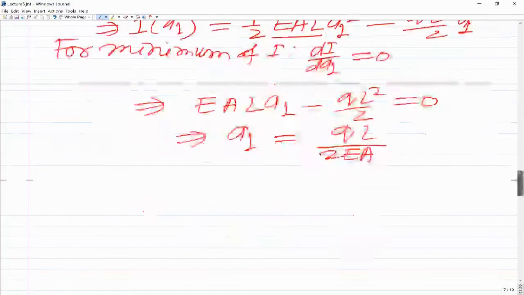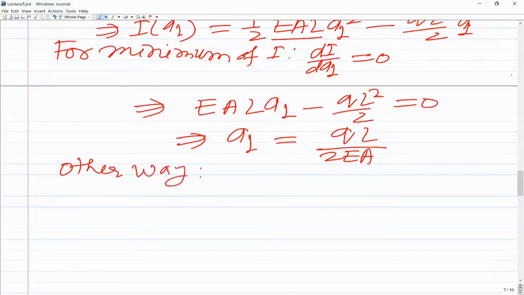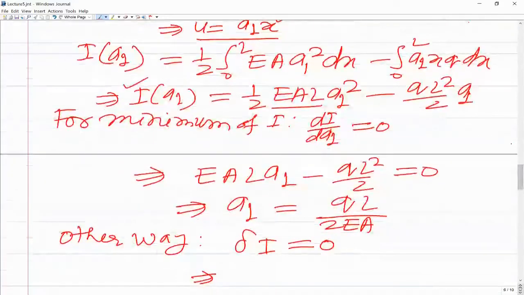So this is one way of looking at it. The other way of arriving at the same result is this: when we came from the weak form to I, we actually used this condition. The weak form is equivalent to saying that delta of I equal to 0. So if you look at the same I, which is a function of the unknown constant a1, when we take the variation we differentiate with respect to a1 and then multiply by the variation of a1.